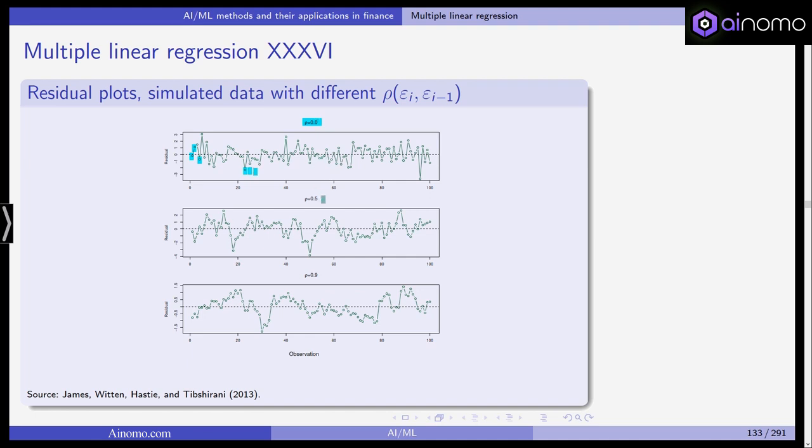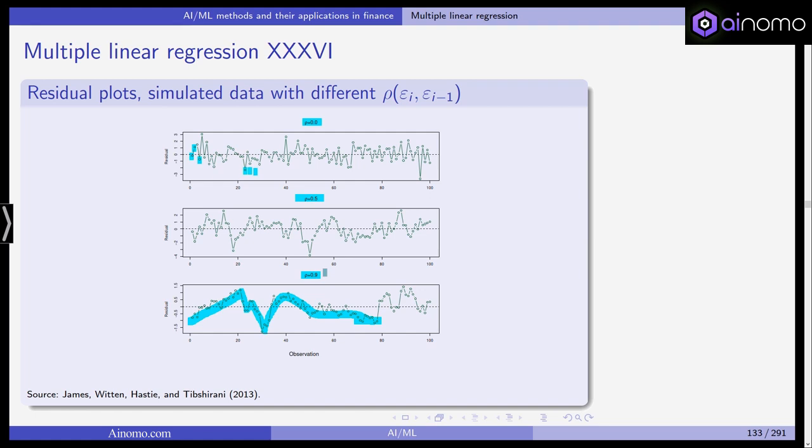Now, if we increase the correlation between the error terms to 50% or even 90%, you can see that we have trends, and it looks like a time series, and this is a problem. Here you can see it's highly likely that when you have a negative residual, the next one will also be negative. And this is due to the fact that the error terms, by construction in this case, are highly positively correlated. So this is how you can try to decide whether this is a violation of our assumption.